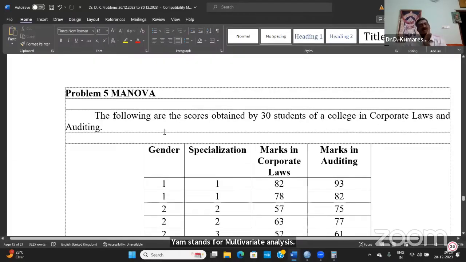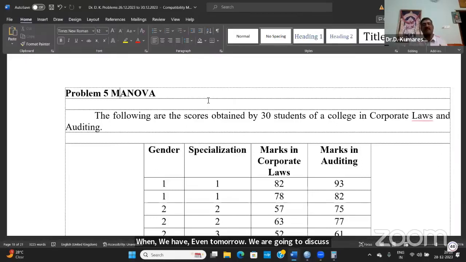Whenever we have M, even tomorrow, we are going to discuss ANCOVA and MANCOVA. A means univariate. M means multivariate. ANOVA, univariate. MANOVA, multivariate.